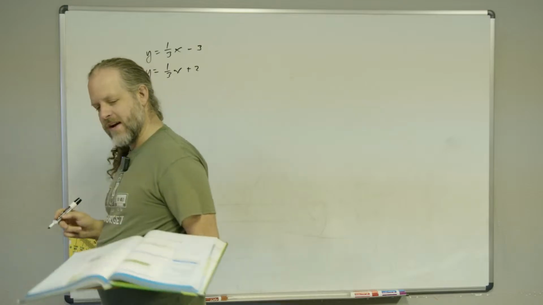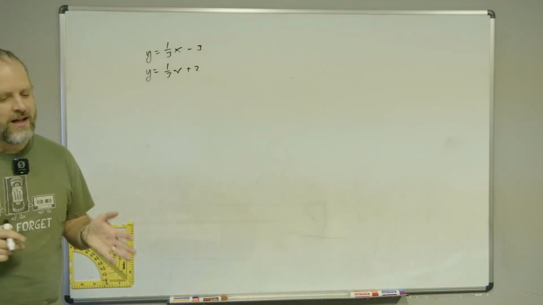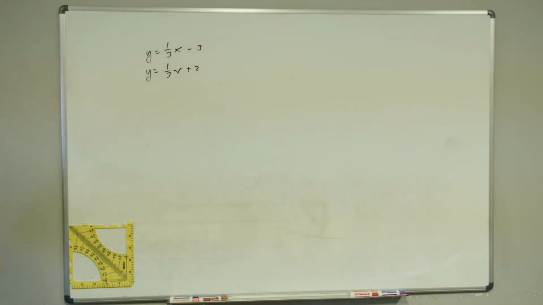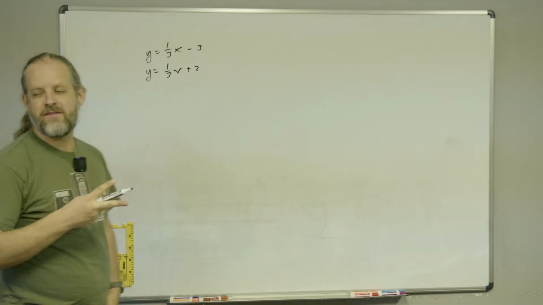All right, we're supposed to find the distance between those two parallel lines. So what should we do? Between what? We are going to use the distance formula, but to use the distance formula, we need 2 points.